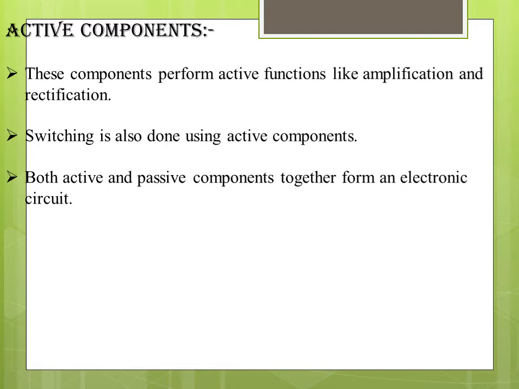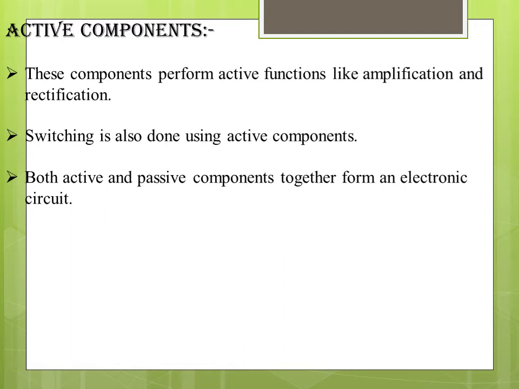Now, when I say active functions like amplification and rectification, you might be thinking that active components are more important than passive components. But for the active components to perform amplification and rectification, they require the help of passive components.